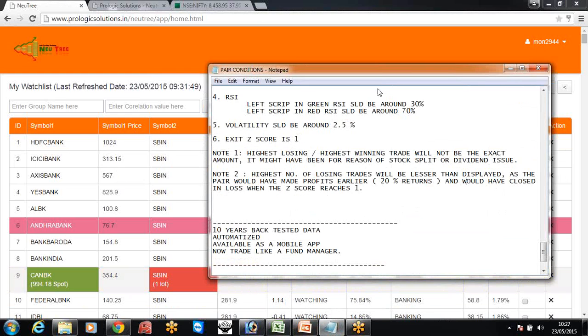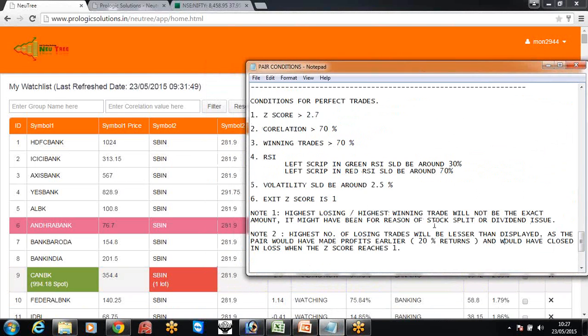Now these are certain conditions that we have for you to trade. You can just go through this.